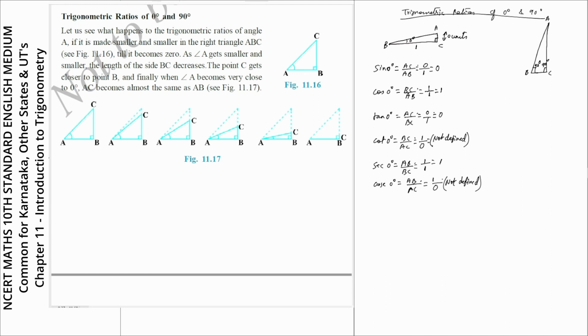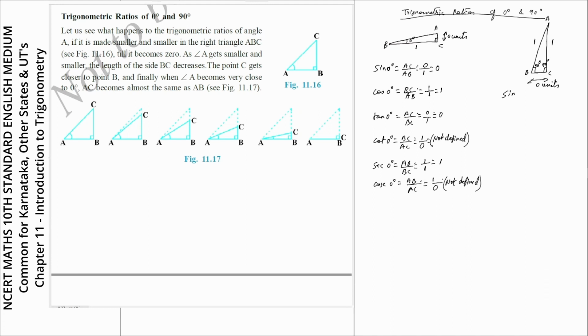Now what is sine of 90 degree? Now one more assumption we will make. When B is almost equal to 90 degree, BC will be almost equal to 0 units. It becomes so small that we can equate it to 0. And when angle B is 90 degree, almost AC will be equal to AB.